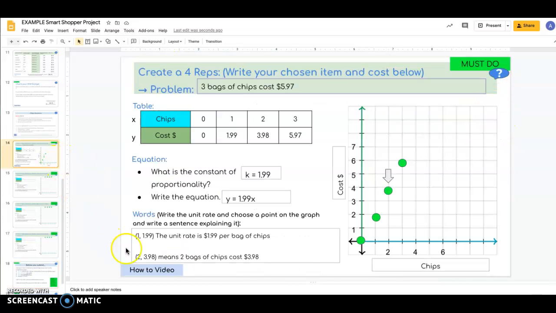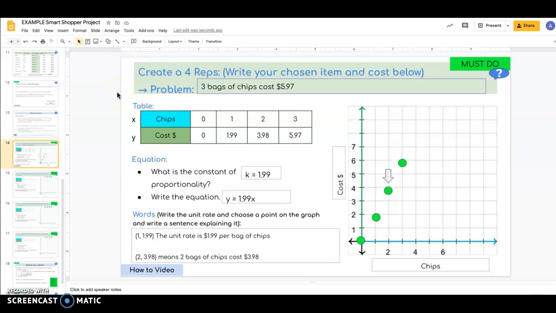So again, the only slide that you absolutely have to do is slide 14. If you choose to make up missing work, then do 15, 16, and 17, but you do not have to do any other slide than this page here.